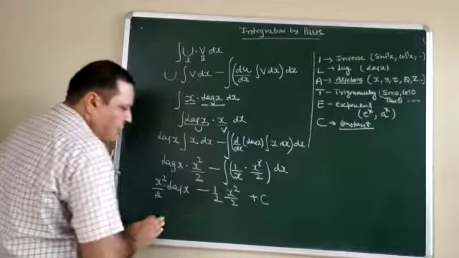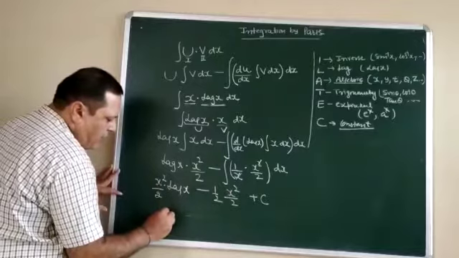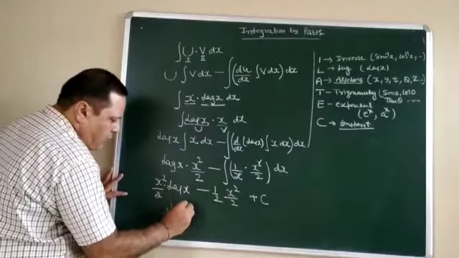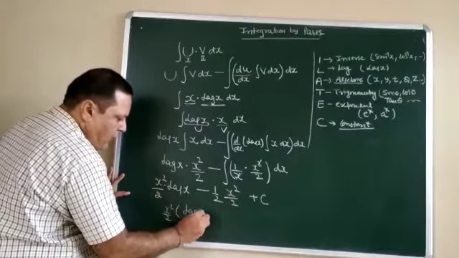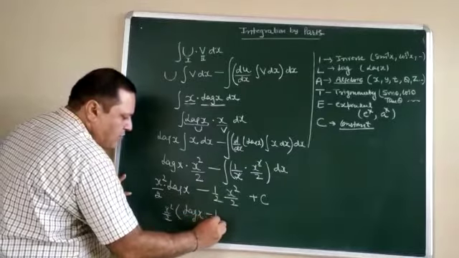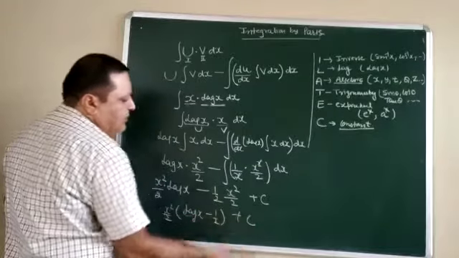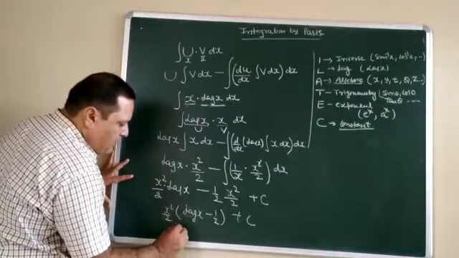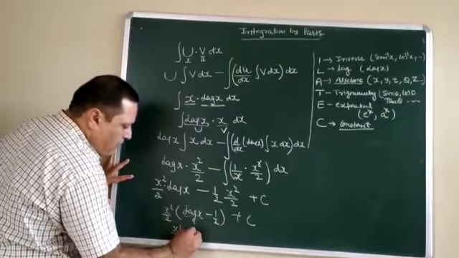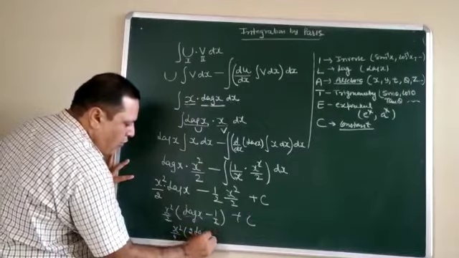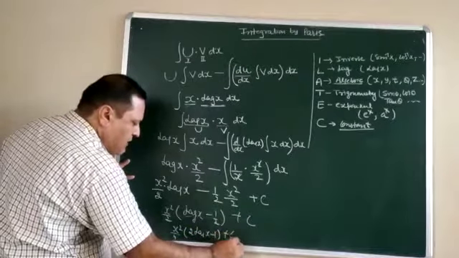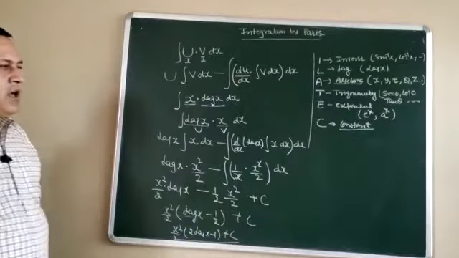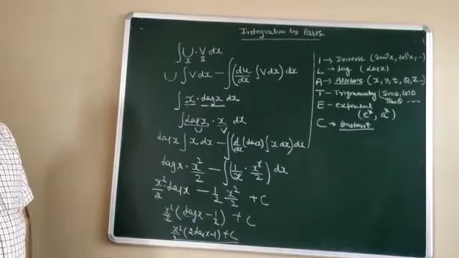Or we can take x square by 2 common. What is left? Log of x minus 1 by 2, plus c. Or if you want to take the LCM, you can. Then it will become x square upon 4 into 2 log of x minus 1, plus c, where c is called the constant of integration.